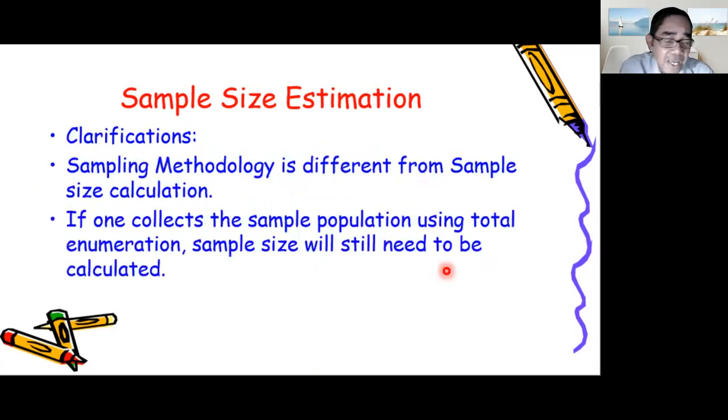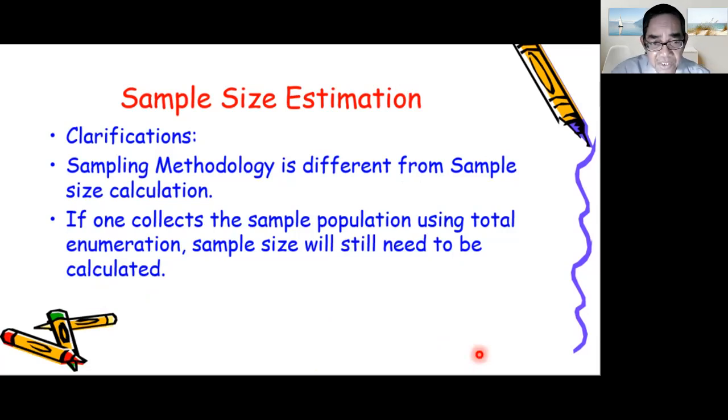Okay, some clarifications. Sampling methodology is different from sample size calculation. If one collects the sample using total enumeration, meaning you will get all subjects that are available, sample size will still need to be calculated, because there is a misconception.